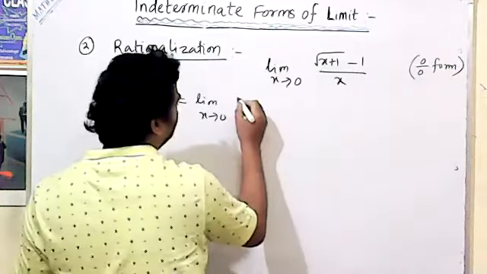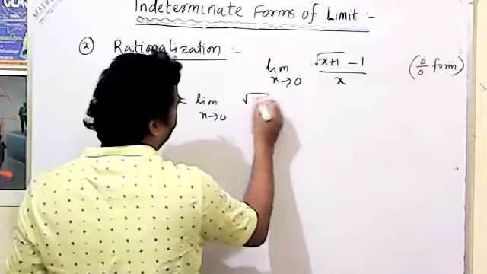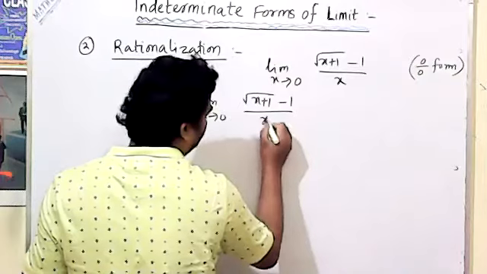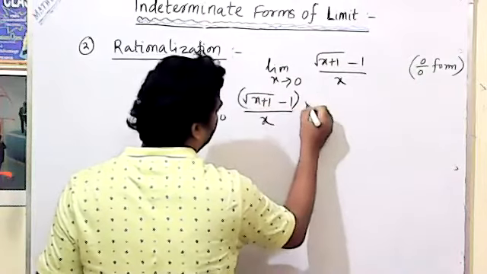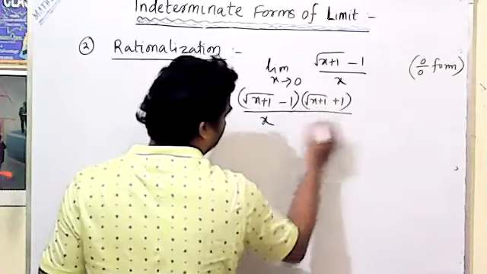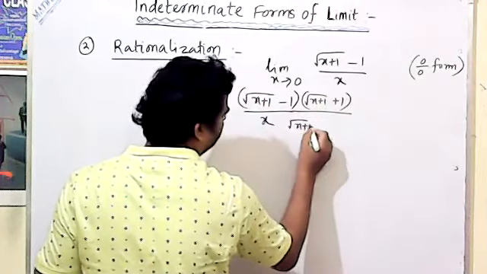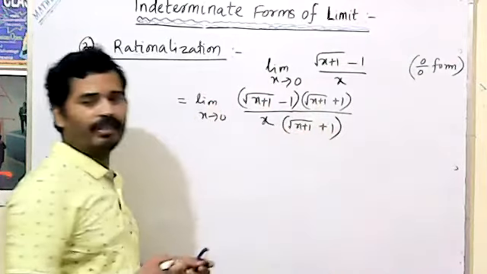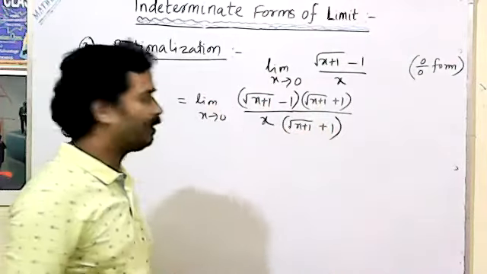So you have to rationalize it. That means root x plus 1 minus 1 by x. Here we multiply the numerator as well as the denominator by root x plus 1 plus 1.